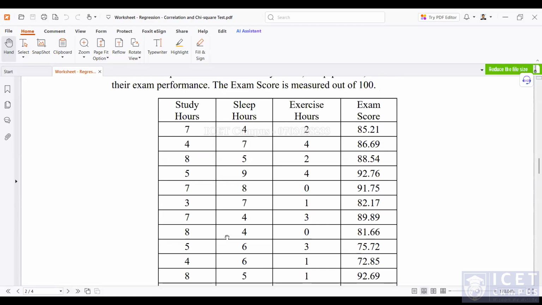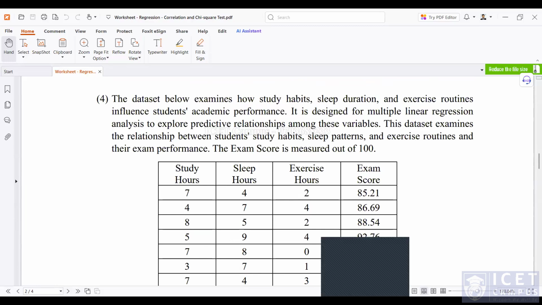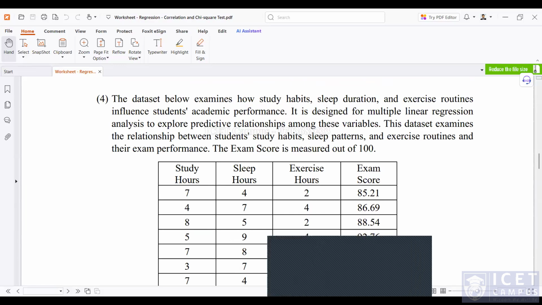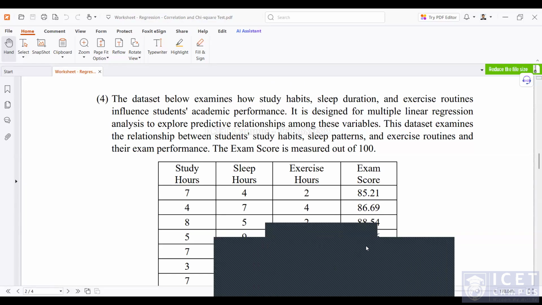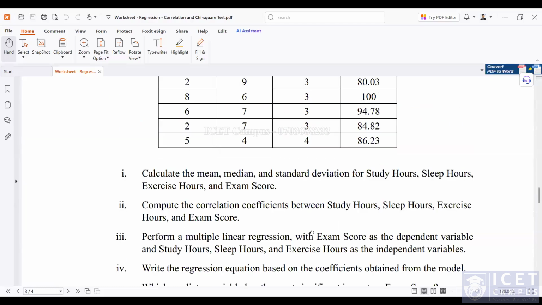We can enter the data, right? After entering the data, you can see it like this. Then we need to calculate mean, median, and standard deviation for everything, right? Calculate mean, median, standard deviation. It means descriptive statistics.